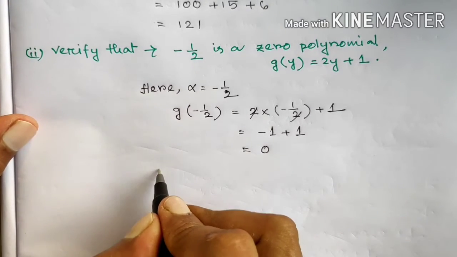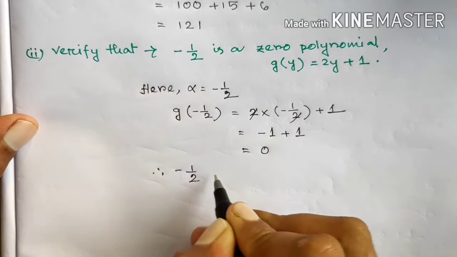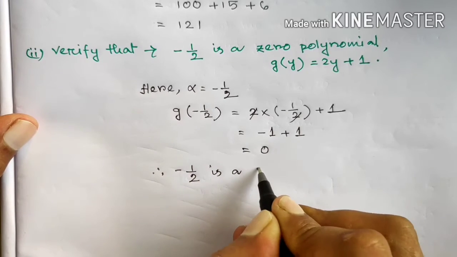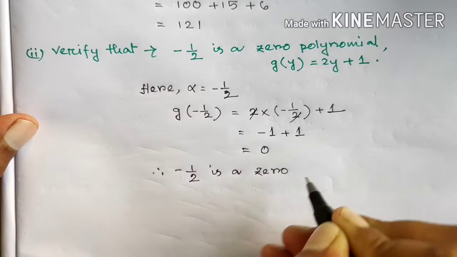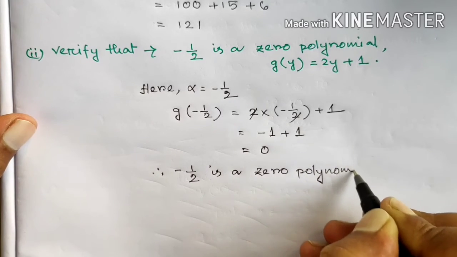Just simple calculation. Therefore, minus half is a zero of the polynomial g of y equal to 2y plus 1.